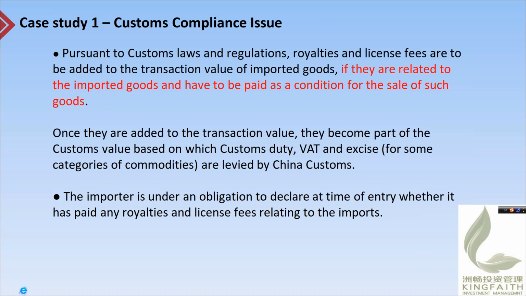But the thing on which we can't agree with the customs officer is whether it's paid as a condition of sale.